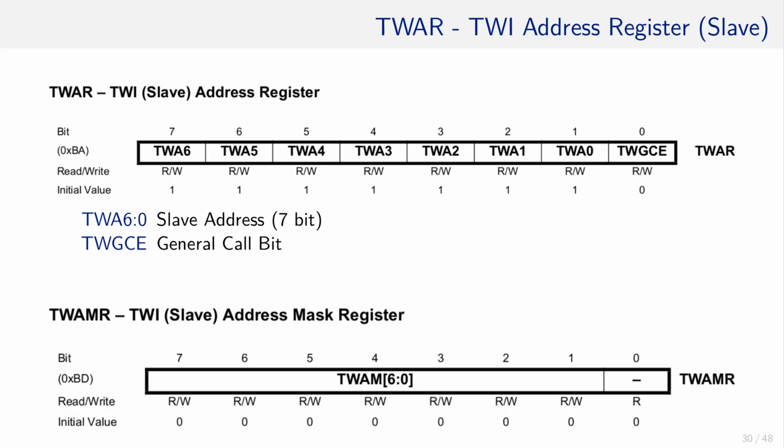The first slave address reports only the temperature, the second the light intensity, while the third address reports both. The bits in the mask register state which bits in the TWAR are to be ignored during the address matching.